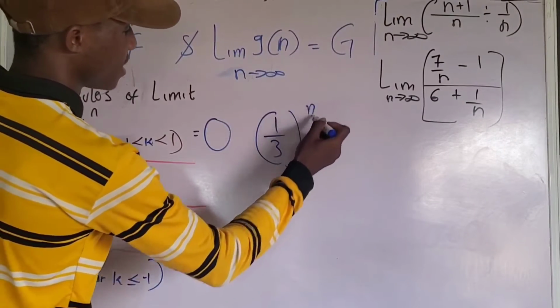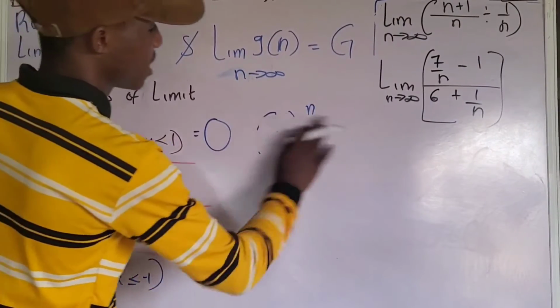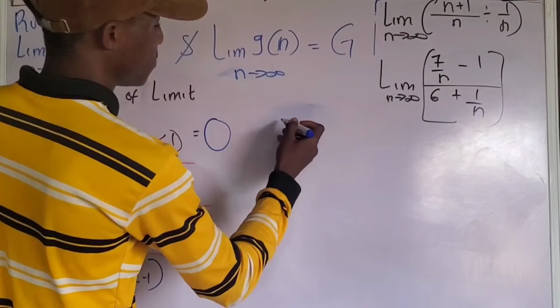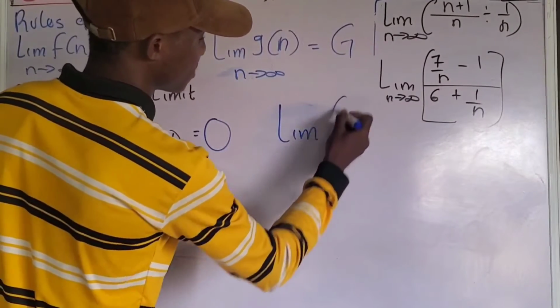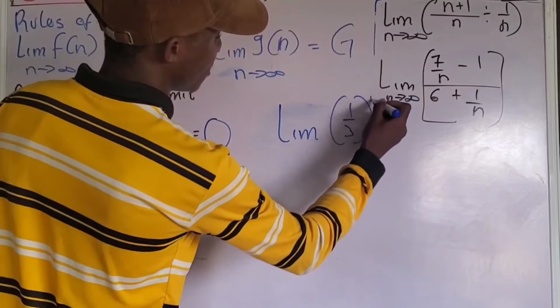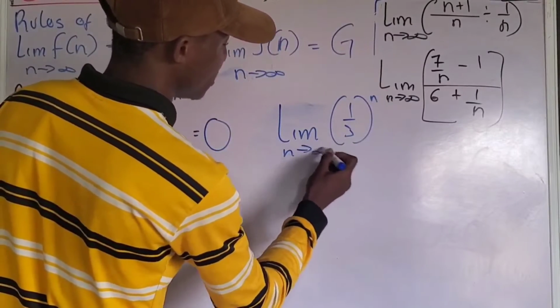So we have 1/3 raised to the power of n, and let's say we are asked to evaluate the limit of 1/3 raised to the power of n as n tends to infinity.